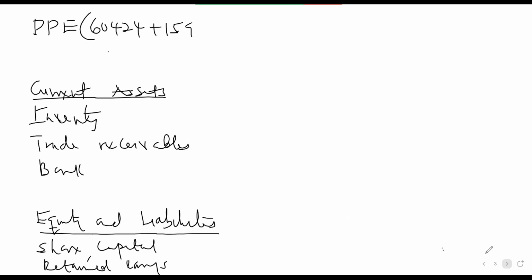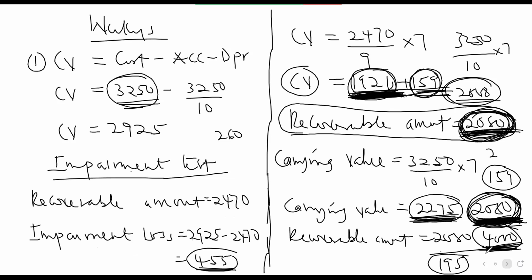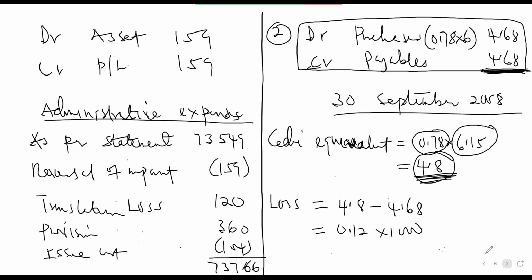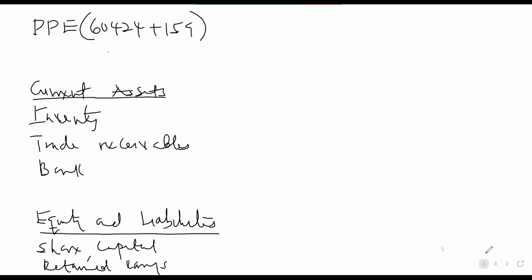Okay, let's now put our PPE together. 65,883. Inventory is what? Nothing has happened to the inventory. What is the figure? 8,736.